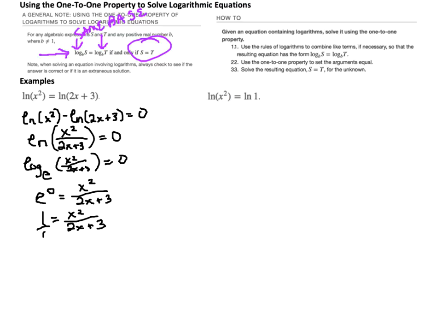x squared over 2x plus 3. I can use cross multiplication now to say that 2x plus 3 is equal to x squared. Get it equal to 0 by subtracting 2x and 3 from both sides, since it's a quadratic.